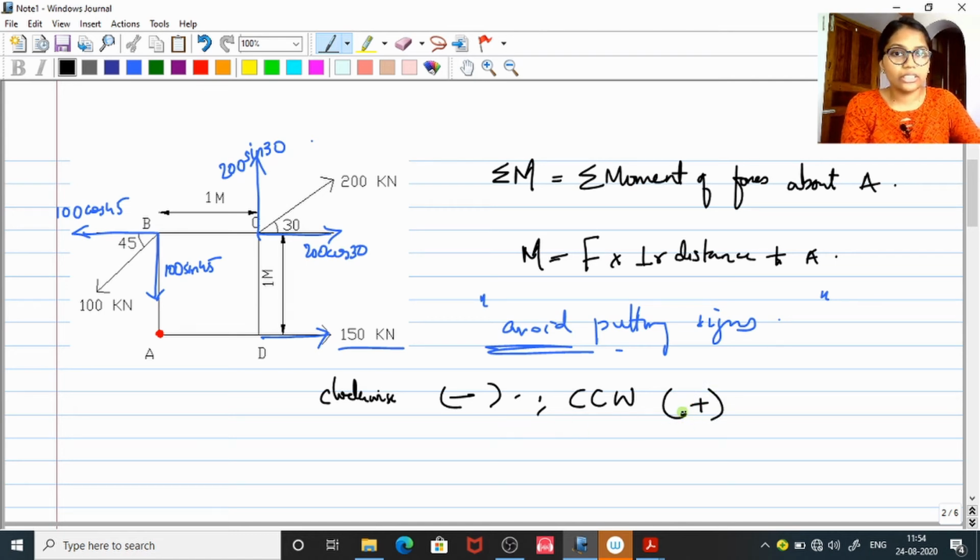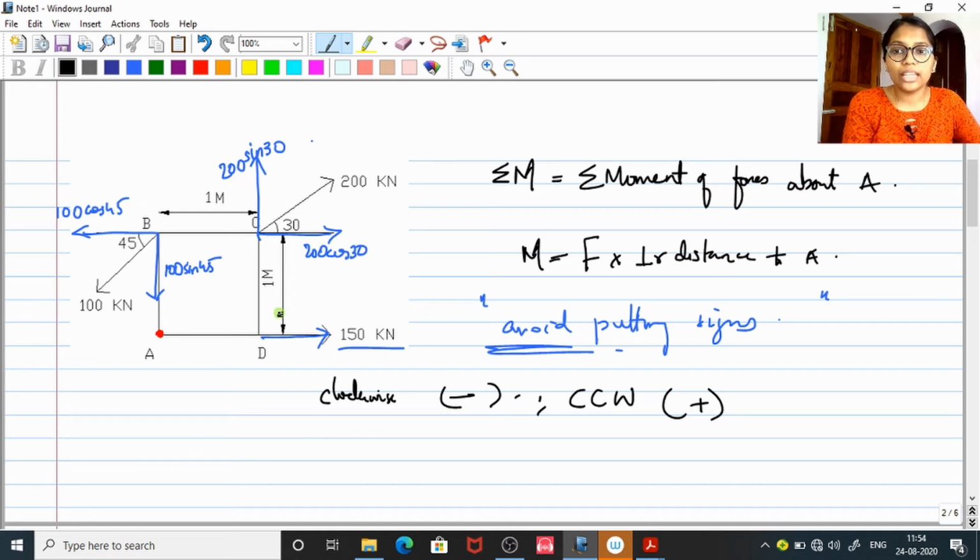This is the sign convention which I am following. You can follow your own way also, that is your choice. But let us follow this, because usually angle is taken positive when it is measured in the counterclockwise direction, and negative in the clockwise direction.